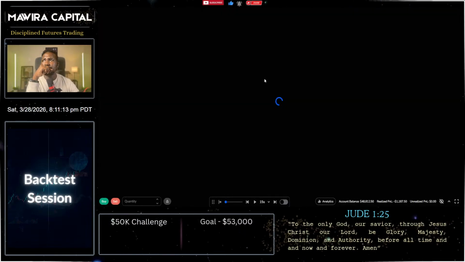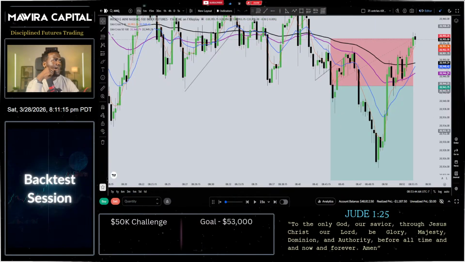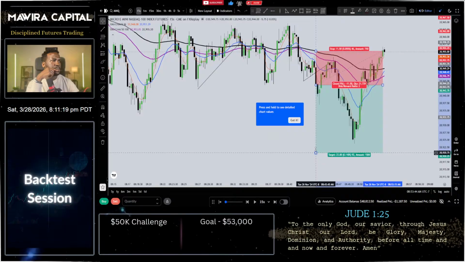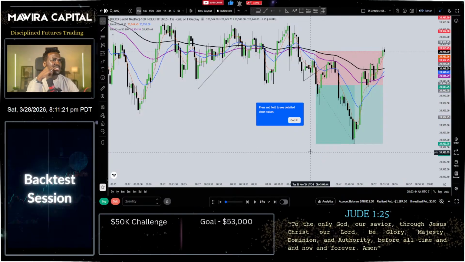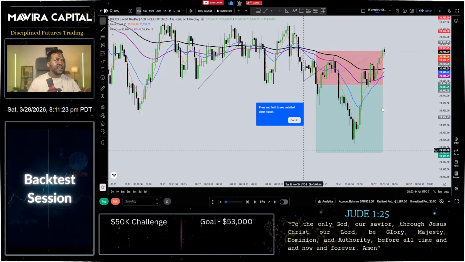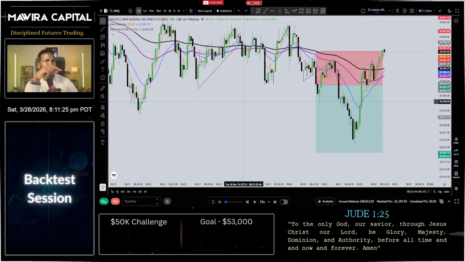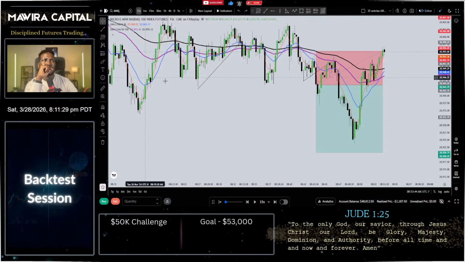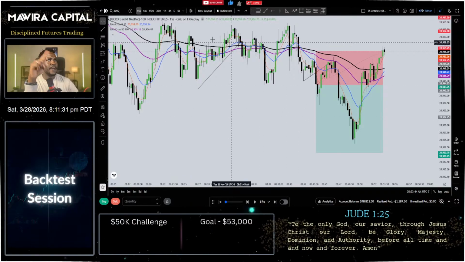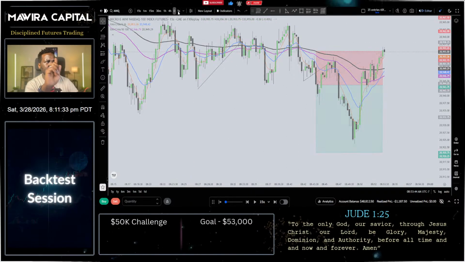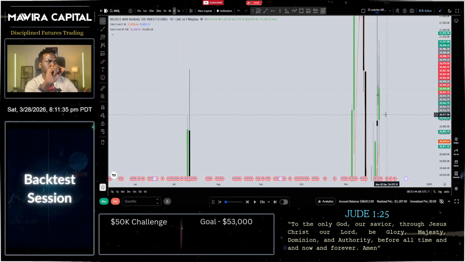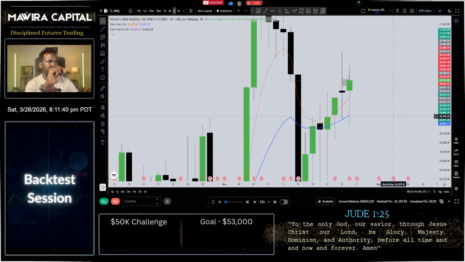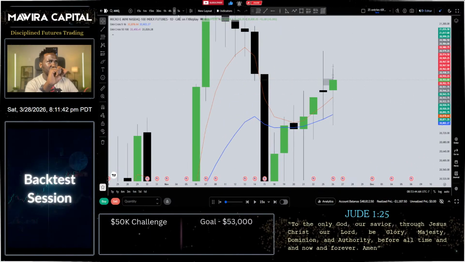As that loads up, there we go. Look at this. 1.74. If just looking at this right here, I need to go back, make more music. If I go to the daily time frame, was I trying to go short?